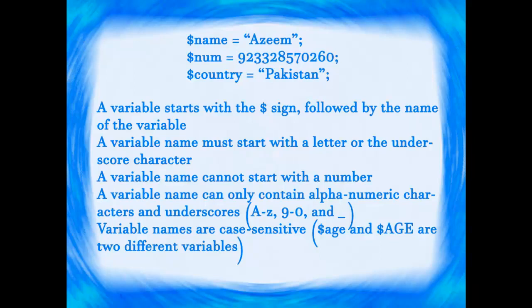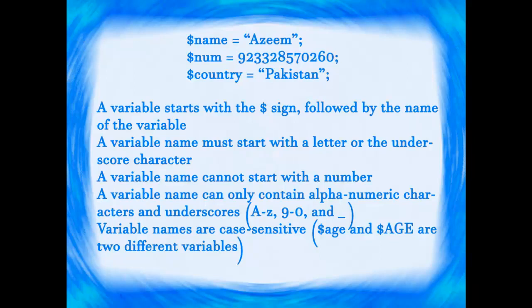A variable can have a short name like x and y, or a more descriptive name like age, carname, total volume. A variable starts with the $ sign followed by the name of the variable, and a variable name must start with a letter or the underscore character.